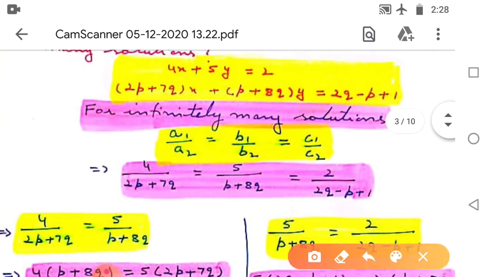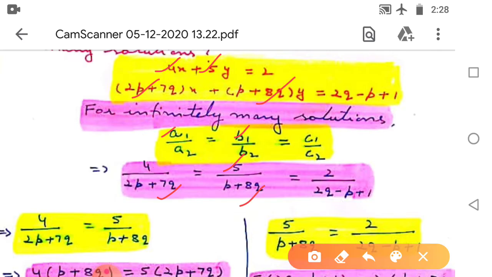Now from these two equations, we write the value of a1, that is 4, the coefficient of x of the first equation. a2 is 2p plus 7q, the coefficient of x of the second equation. b1 is 5, the coefficient of y of the first equation, and the coefficient of y of the second equation is b2, that is p plus 8q.